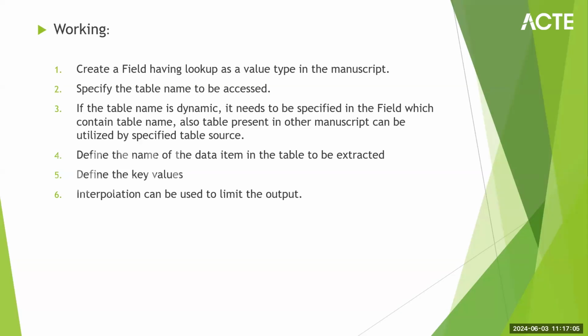Interpolation can be used to limit the output. Nothing but when you have repeated data for that particular key value, then you can set the limit like 1 or 2 or 3 based on how many times you want to check.